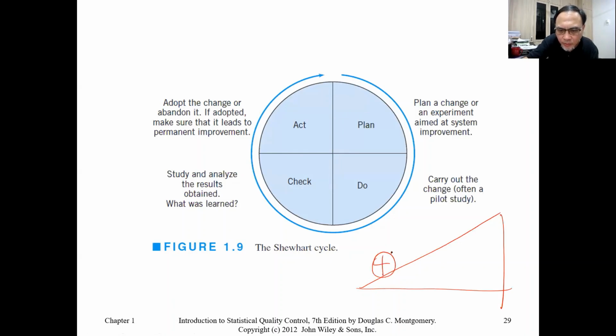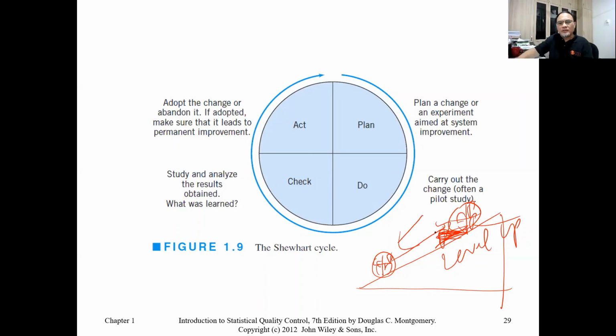You have your first project, PDCA. You move up, PDCA. So this is called level up, okay? And you have to put a wedge here, some stopper so that it doesn't slide down. So this is the Shewhart cycle, whereby everything must be looked at from the PDCA perspective.